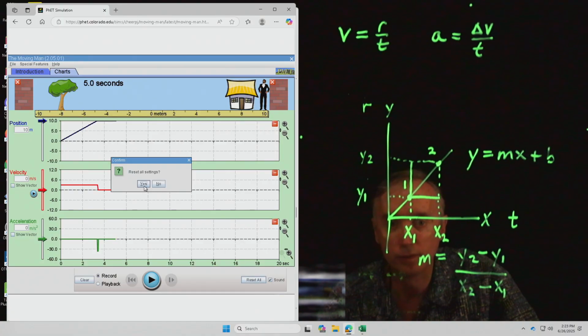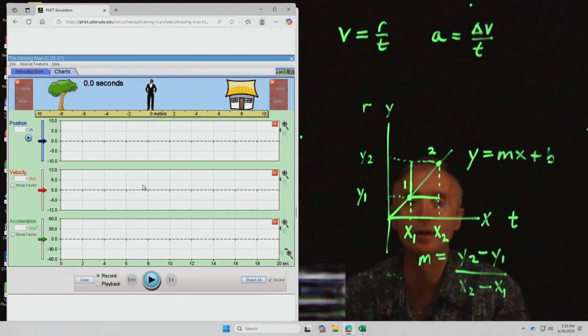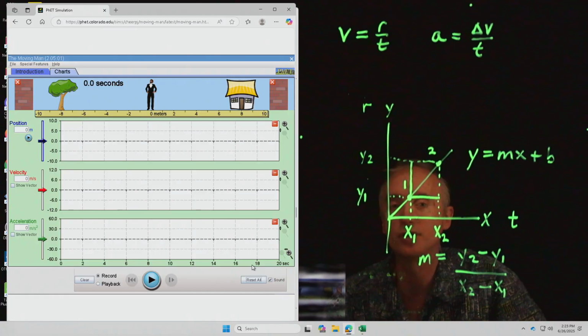All right, so when you first open it up, this is what you're going to see. And you've got three different kinds of graphs: a position versus time graph, or a distance versus time graph, a velocity versus time graph, and then an acceleration versus time graph. But this is too confusing. So we're going to start with just doing the distance versus time graph.